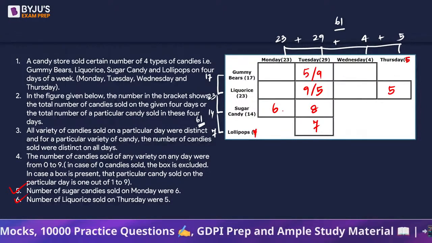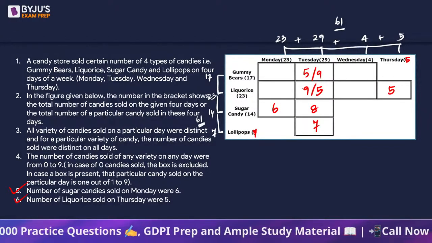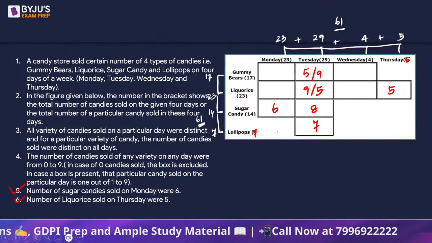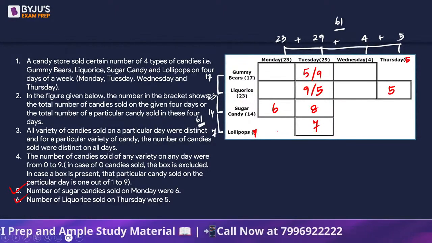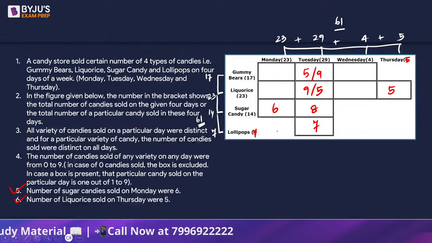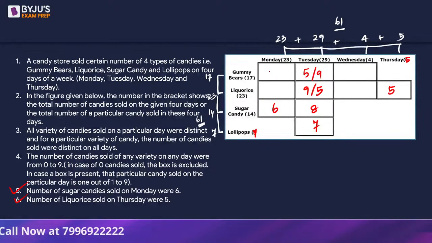Next largest number we see is 23. So we have 23 in the liquorice as well as the Monday column. Now if you look at the Monday column, out of 23, 6 is already there. So that means we are left with 17. Now 17 is only possible if we put 9 and 8. Because remember, every day there are going to be distinct numbers of candies. So we are going to have 9, 8 or 8, 9.